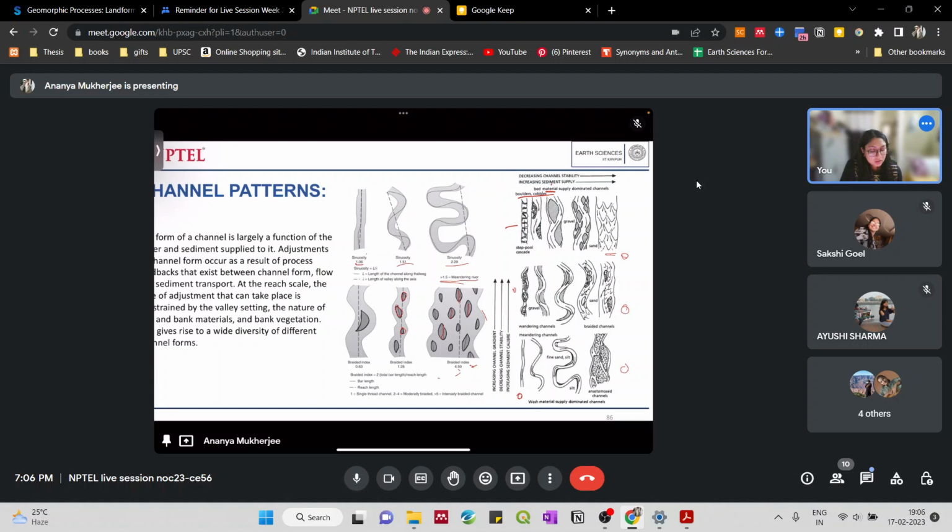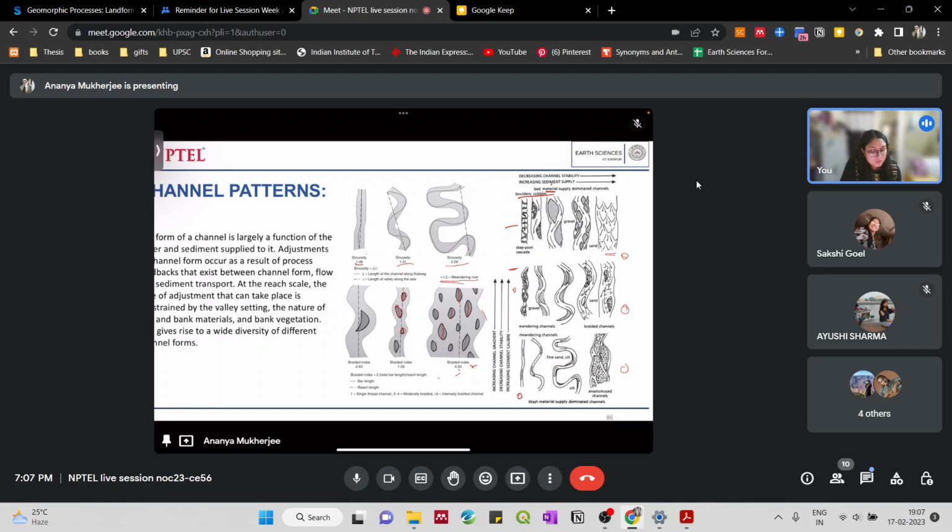This is one of the ways you can understand that with increasing sediment supply and also decreasing channel stability, the channel is going to change its path very often. As I said, it is going to try to stay in that low energy state. So whichever path it feels at that point of time is going to take less energy for it to go from here, it will take that path. That is decreasing your channel stability.